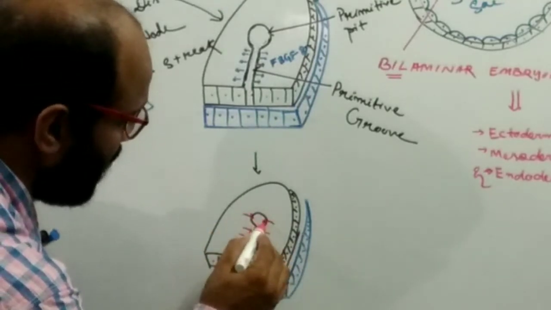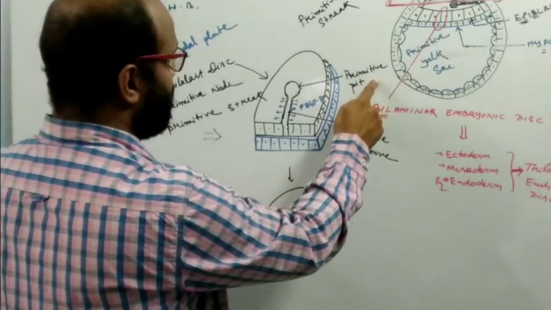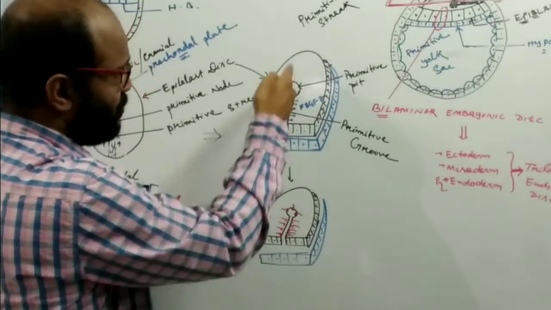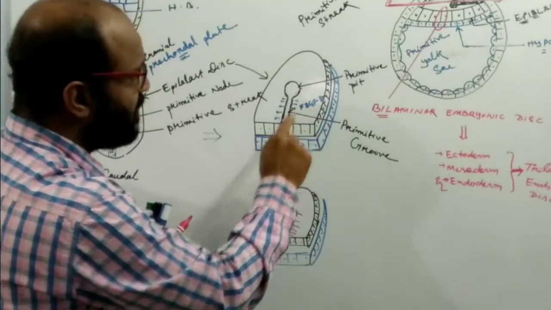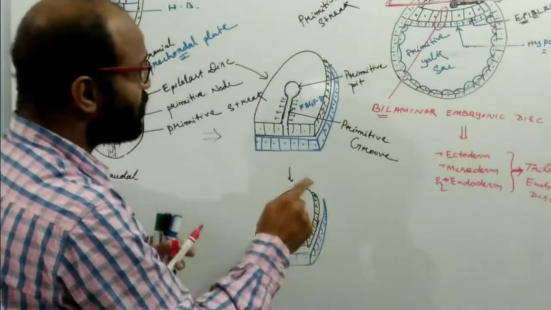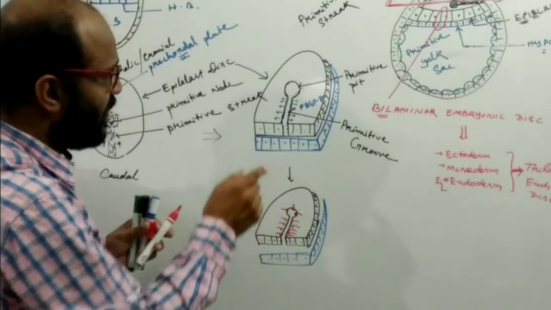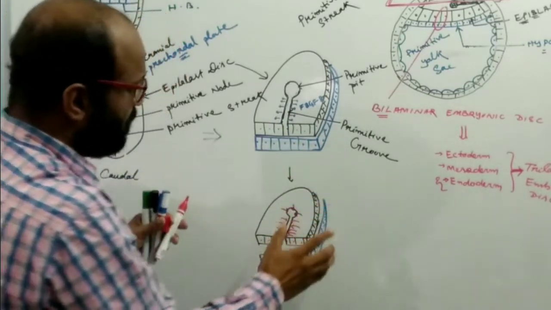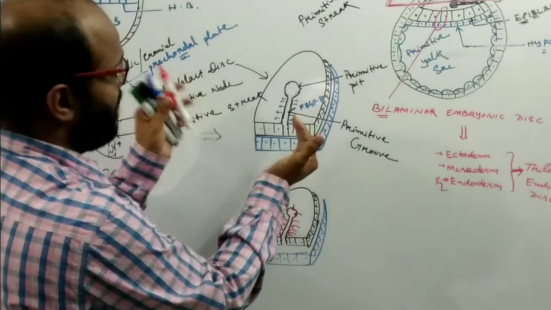Please try to understand. After the formation of the primitive groove and the primitive pit, the cells present at the edge of the primitive groove start to secrete fibroblast growth factor 8. By the influence of this, they divide and redivide, and produce more and more cells.